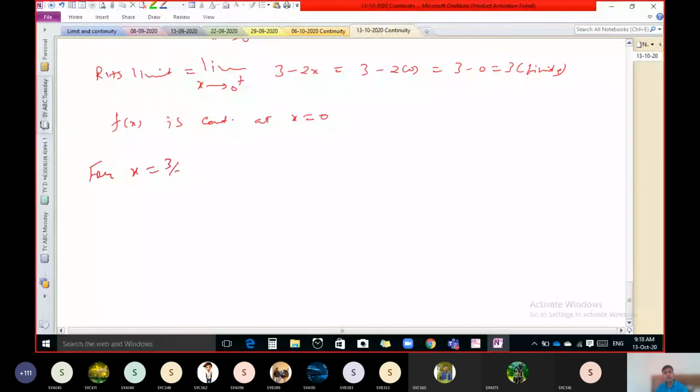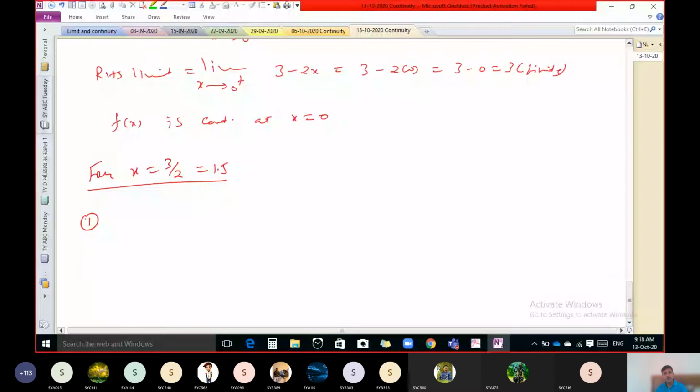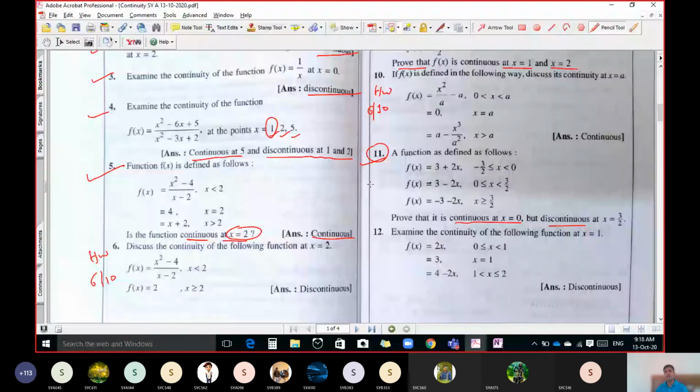3 by 2. 3 by 2 means 1.5. For x equal to 3 by 2, we have to check continuity. Let us start with the first condition. When x is 3 by 2, which one is the function? First, second or third?